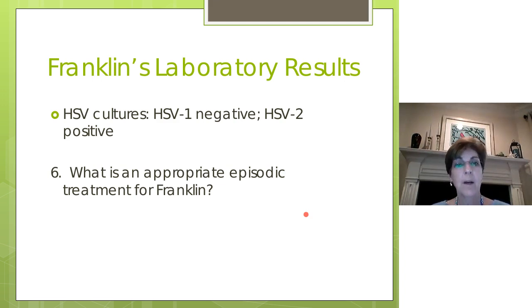It's a swab, and you really have to kind of denude the ulcer if it's already healing to get the secretions. It's not very sensitive unless you have an active lesion. If you have blisters, you can break a blister, and you're more likely to get a positive culture.